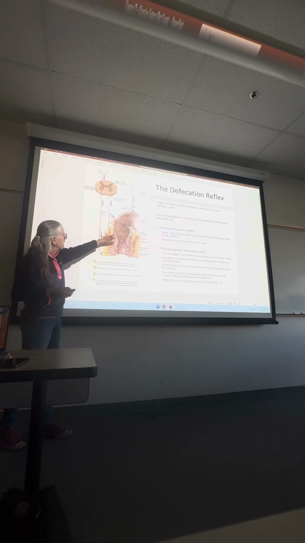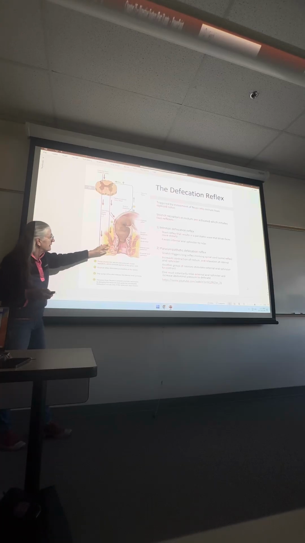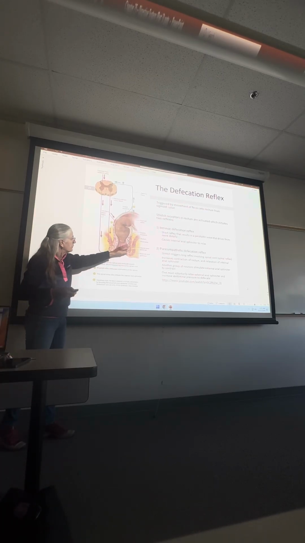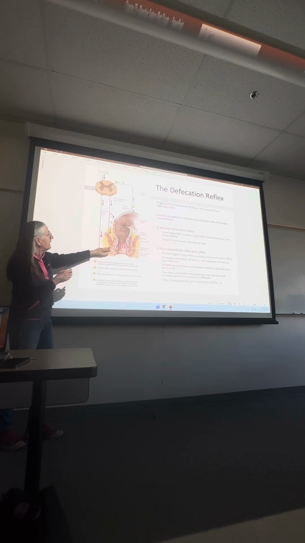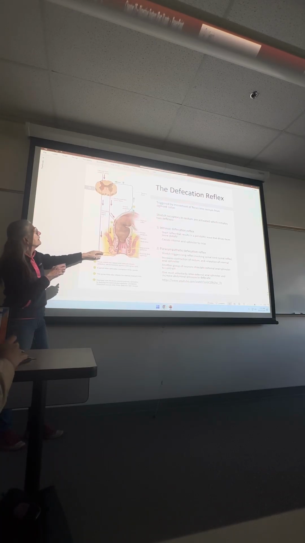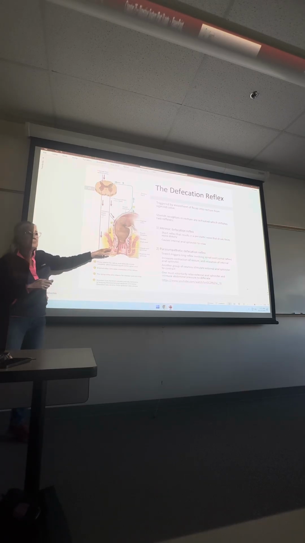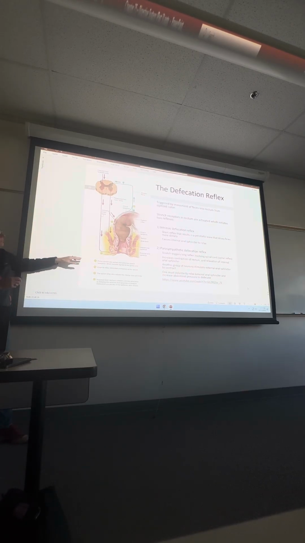The rectum leads to the anus, and the anus is surrounded by an internal anal sphincter and an external anal sphincter. When we have a full rectum, we have pressure on the walls, which stretches the smooth muscle. That stretch goes to the spinal cord, and then you have a synapse where you have motor output, parasympathetic, to move this fecal material out of the rectum and out of the anus.